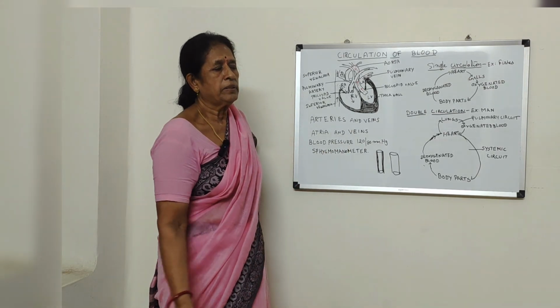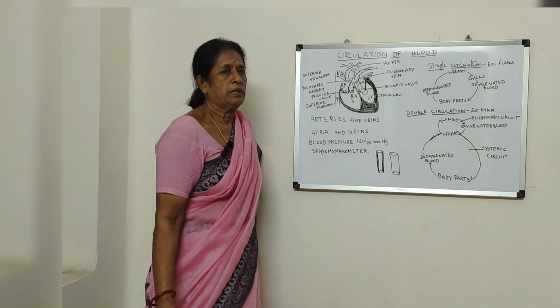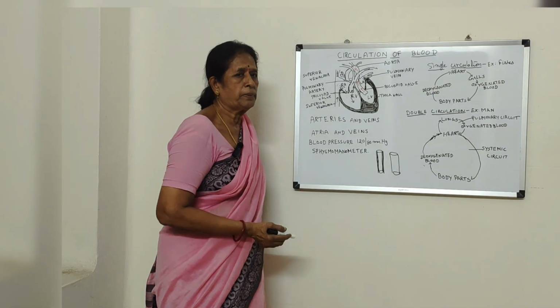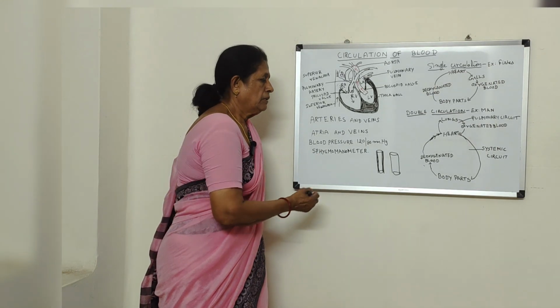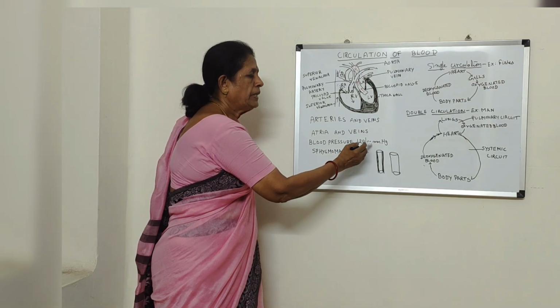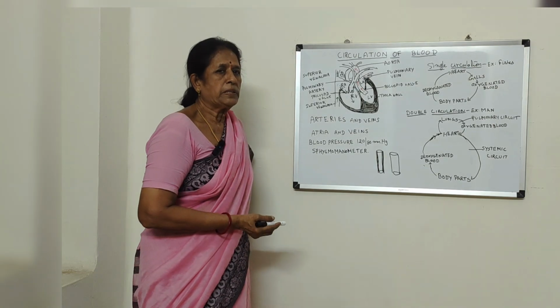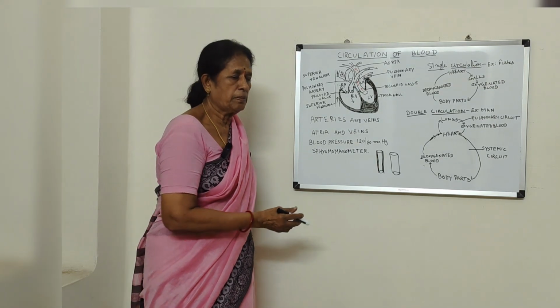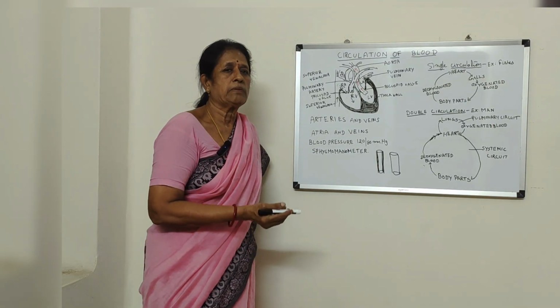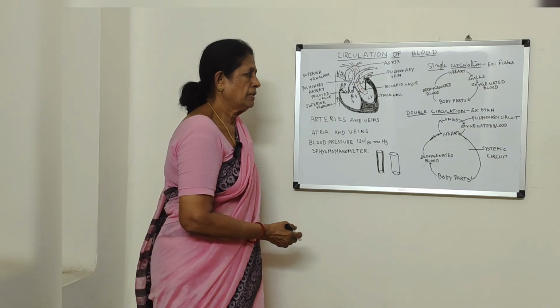The instrument with which blood pressure is measured is the sphygmomanometer. A healthy man has 120 by 80 blood pressure. 120 is systolic pressure, 80 is diastolic pressure. What systolic and diastolic pressure are, we shall see in the next class.